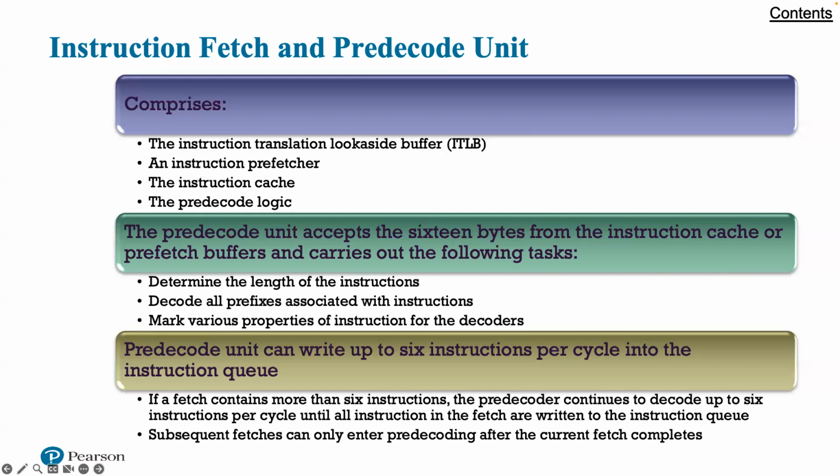The predecoder can write up to 6 instructions per cycle into the instruction queue. If a fetch contains more than 6 instructions, the predecoder continues to decode up to 6 instructions per cycle until all instructions in the fetch are written to the instruction queue. Subsequent fetches can only enter predecoding after the current fetch completes.